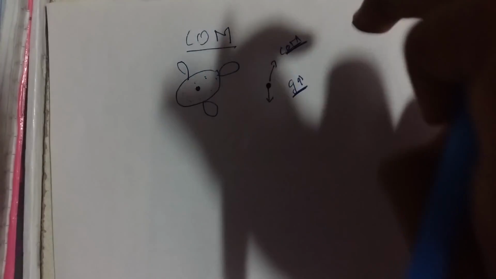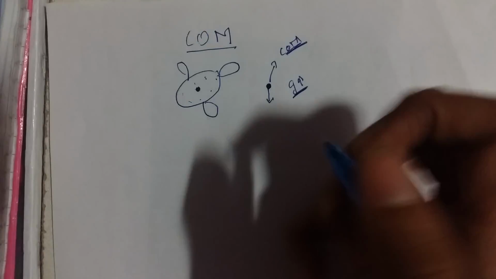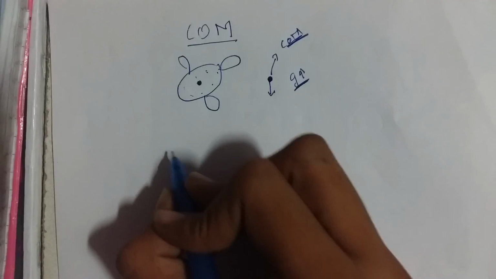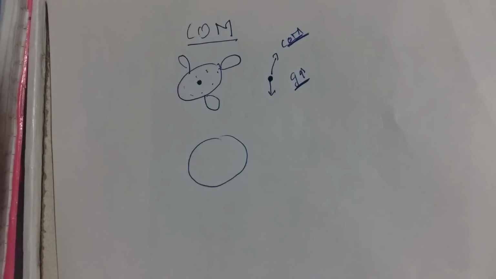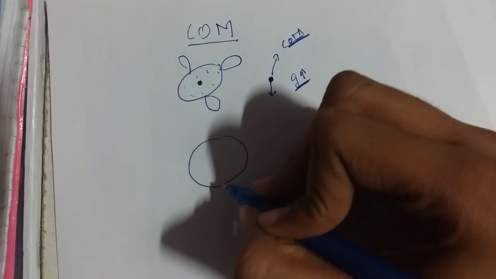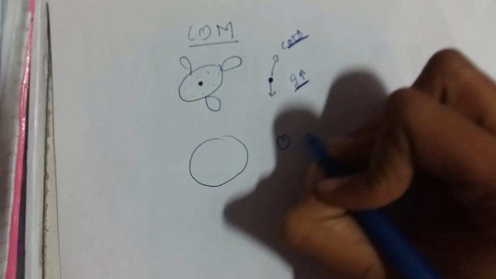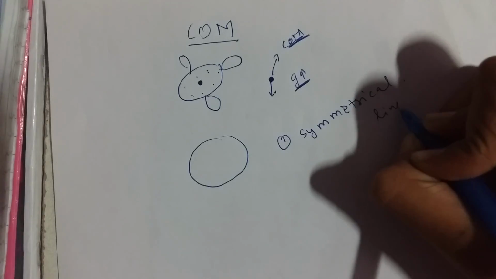This is what center of mass is, and now I'm going to explain how to find the center of mass of various objects. Let us go with a circular ring. Can you identify the center of mass for a circular ring? Well, of course you could predict it with the method known as the symmetrical line method.